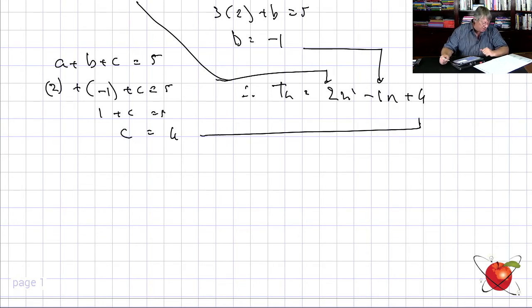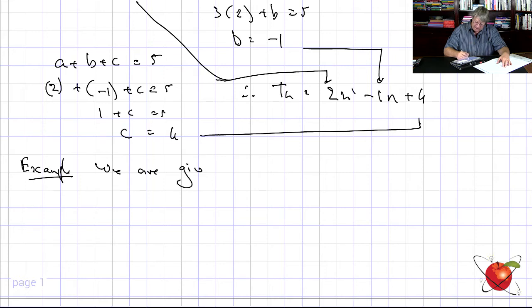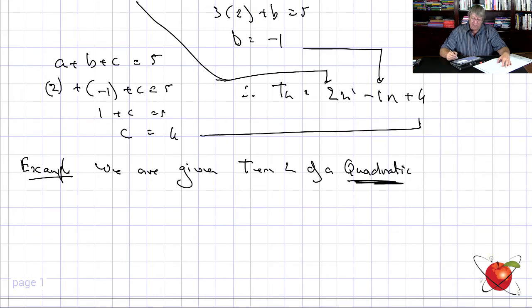Say we are given the following information. Let's do an example. Shall we? Say we are given the following information. We are given the second term of a quadratic, there you go, trigger point, right?